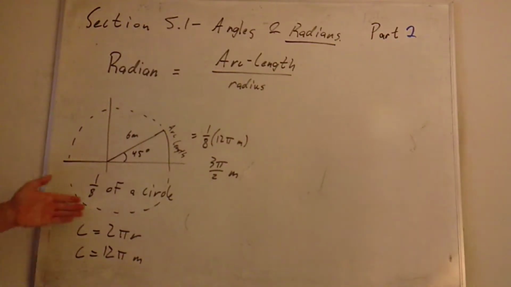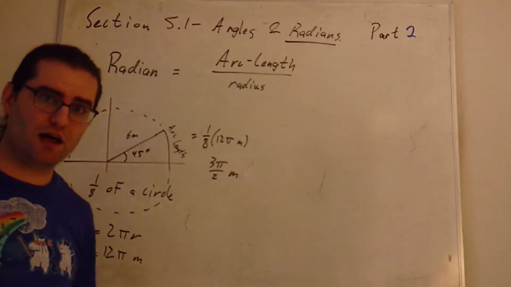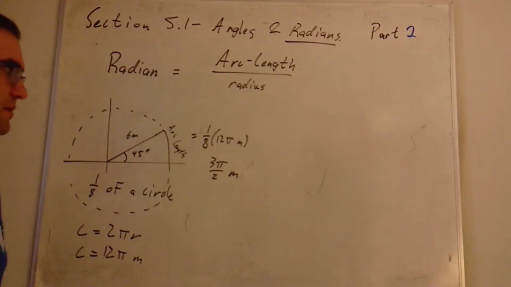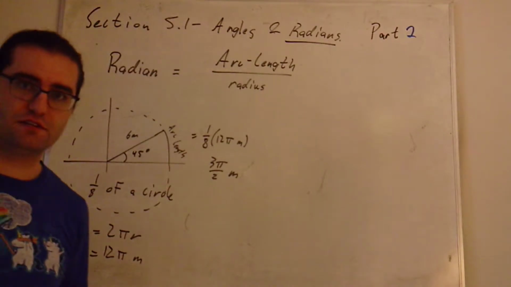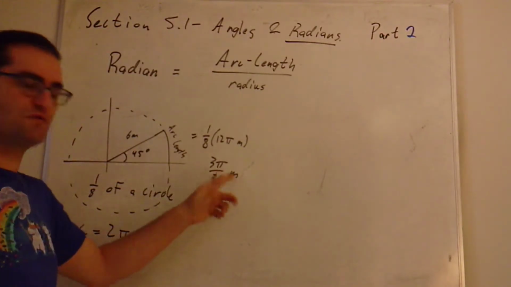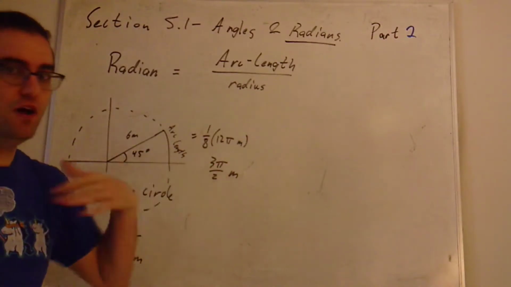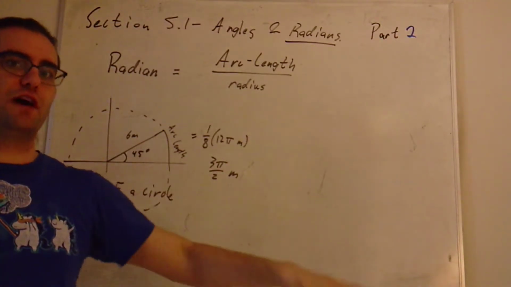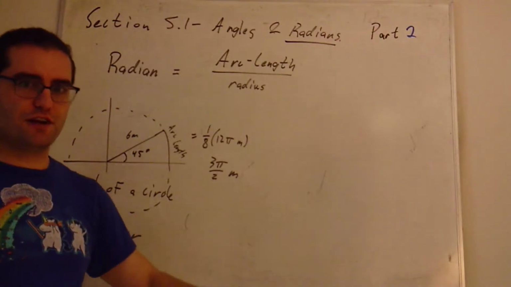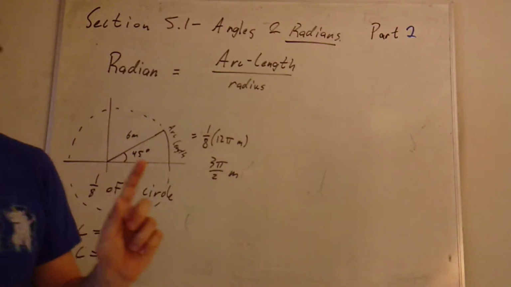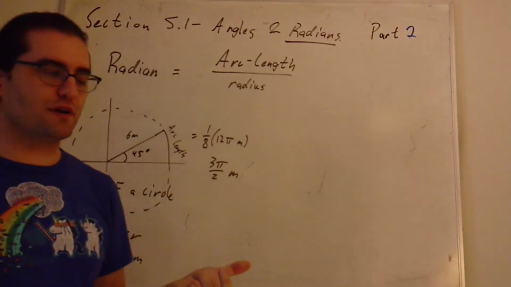Throughout this entire chapter, pi is going to come up a lot. And every time pi comes up, some of you might be tempted to switch it out for 3.14 and then actually do this calculation to get a decimal. Don't ever do that for this class. If you're doing an engineering project and you really need to know how many inches something is, definitely do that. Get your approximation.